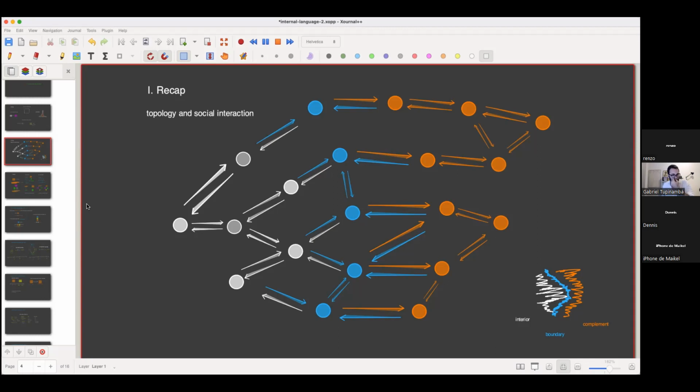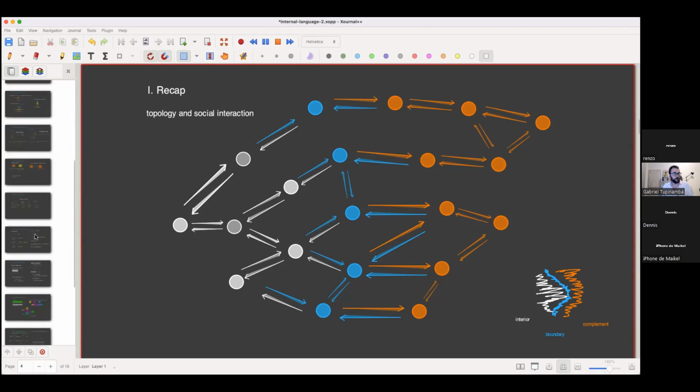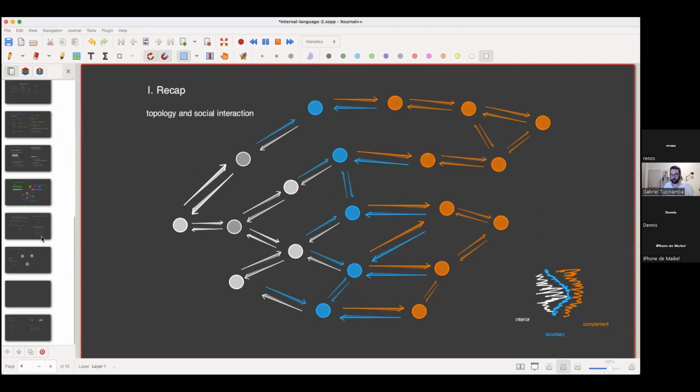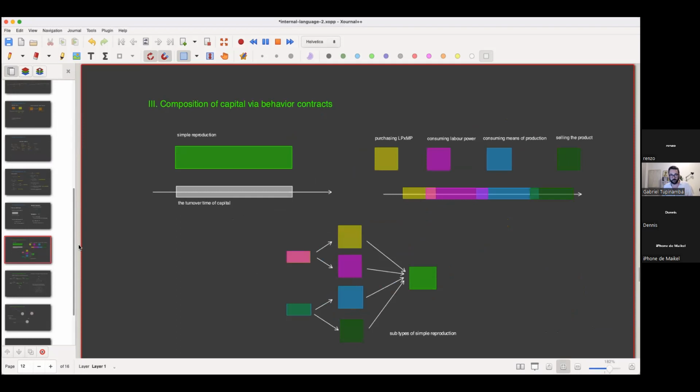Yeah, I have the impression that the place to introduce time in the primer would be exactly the place where you had the intuition here, which is simple reproduction, because it's the first time that capital relates to itself, right? For capital to remain capital, it needs to go through the whole cycle and return to itself to be used again, right?